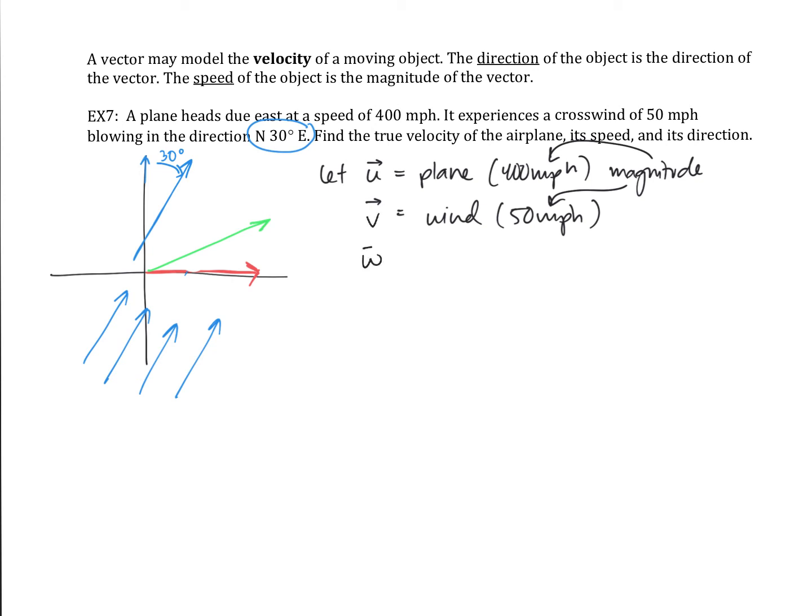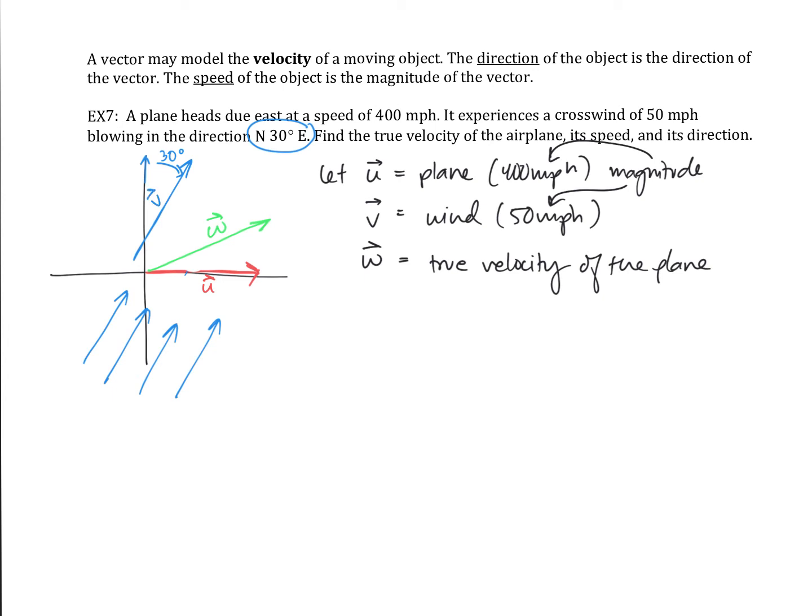And then w, the vector w, is going to be the true velocity of the plane, or where it really is headed. So this is going to be w, where it's really headed. u is where it took off, and v is the wind that is bothering our plane.